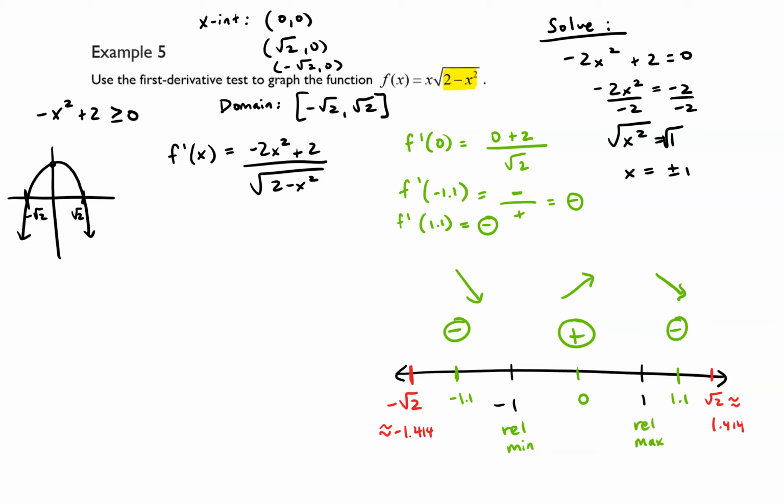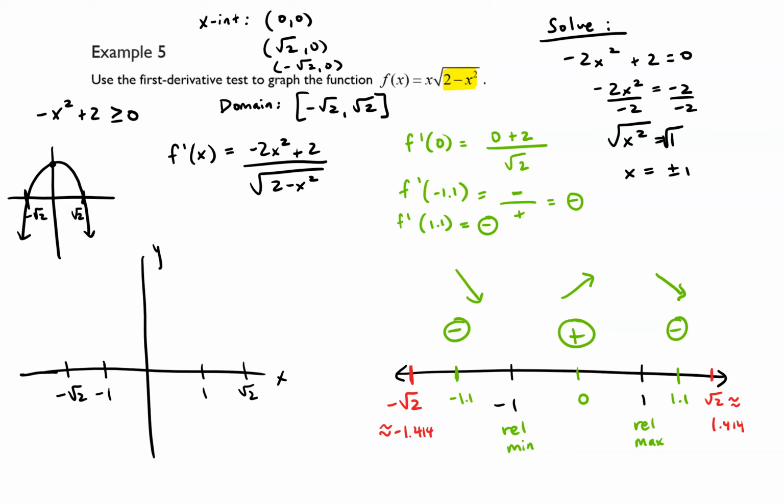So if I graphed our function, there's a lot of work for this problem, but it'll be worth it when we're done. So here's negative square root of 2. Here's -1. Here's +1. And here's positive square root of 2.